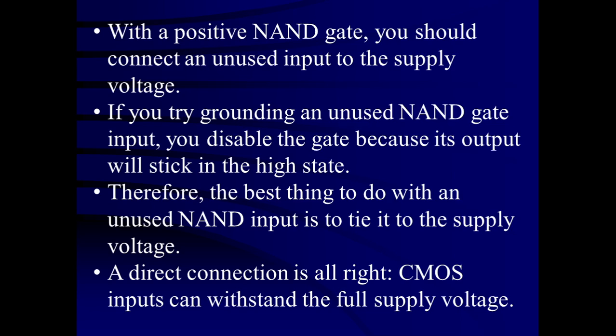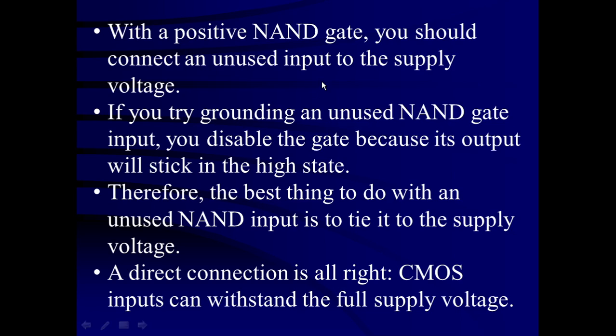That's why in a positive NAND gate, an unused input should not be connected to ground. It should be connected to VCC, so the rest of the inputs can control the output. If this unused input is grounded, then the output is going to be stuck high. So it should not be grounded in the case of a NAND gate, but connected to VCC.